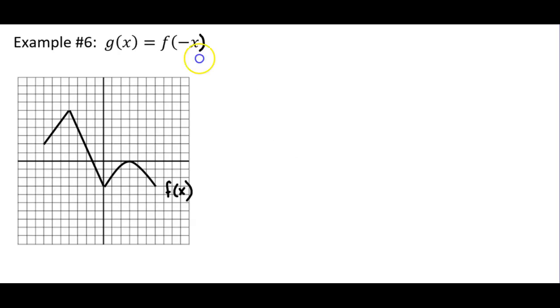But now, if this is going to reflect about the y-axis, okay? So we were at -7, 2.